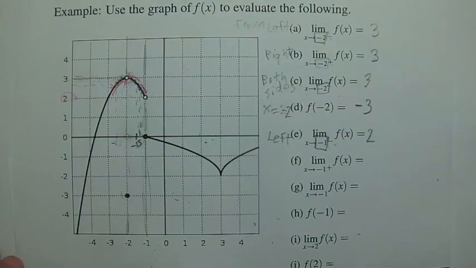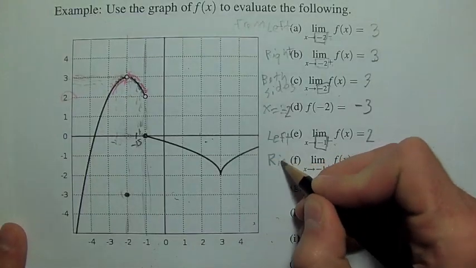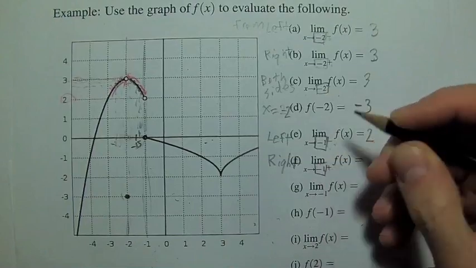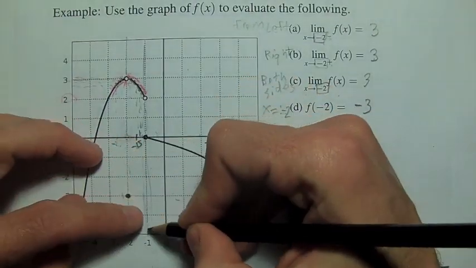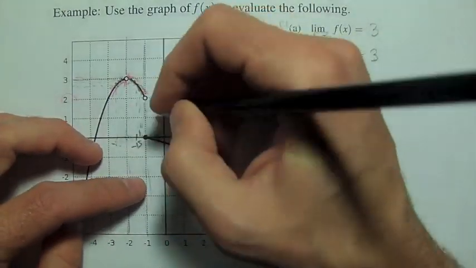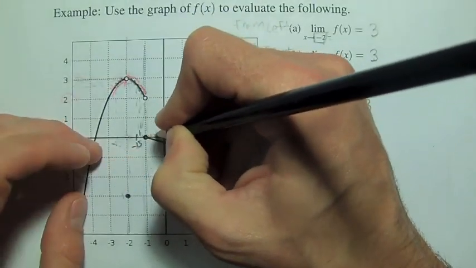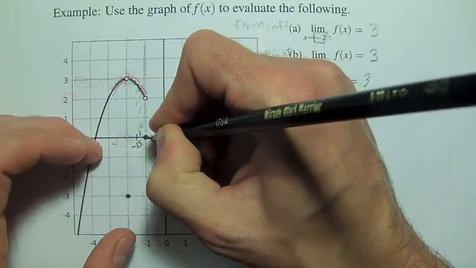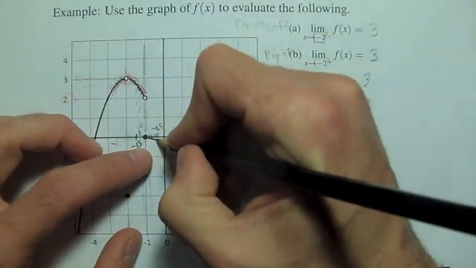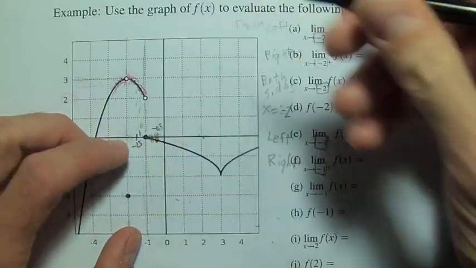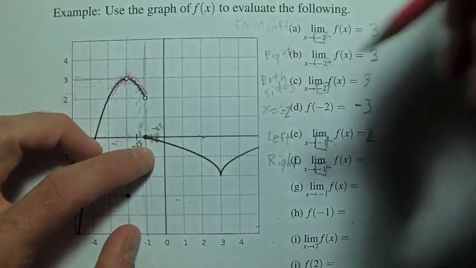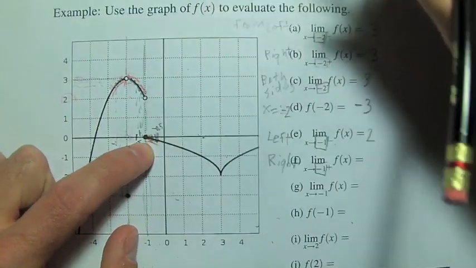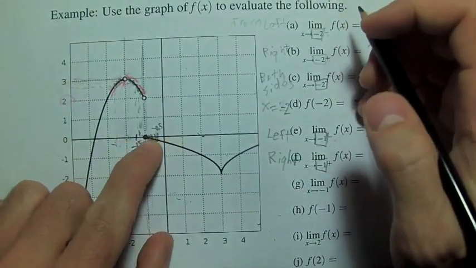Okay. How about from the right? That's the next question. From the right, well, -1 is here. We're going to start picking our x values around here, say at -0.5, and get closer and closer and closer from the right. As that happens, these points seem to be getting closer and closer and closer to this point here, which rests right at y equals 0.